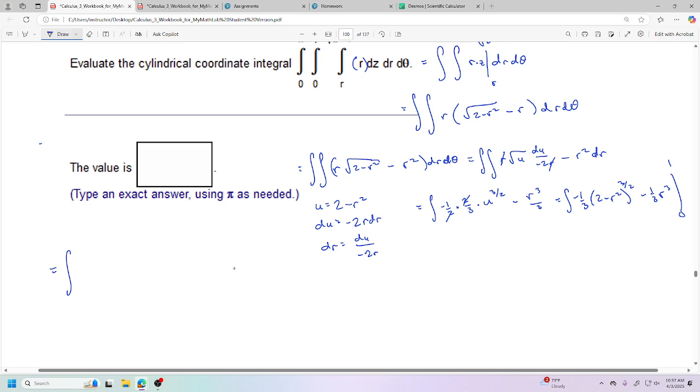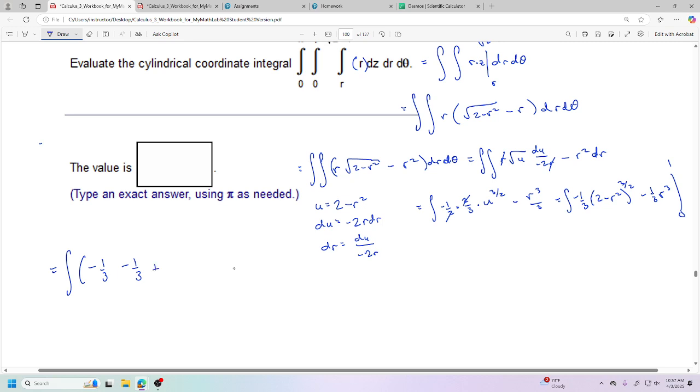When I plug in a 1, I get 2 minus 1 is 1. 1 to the 3/2 is 1. So essentially I just got 1/3. And then I plug a 1 over here, and I get negative 1/3 again. When I plug a 0 in, I get a 2.